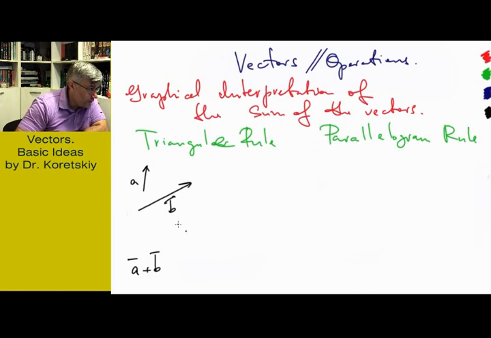You have to take vector a here, keeping the same direction and the same size, a bar, and take the tail point of the vector b and align the head point of the vector a and the tail point of the vector b.